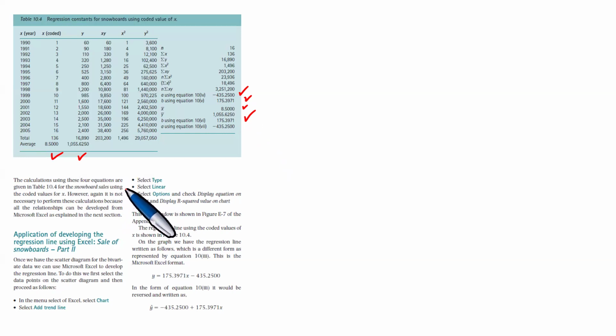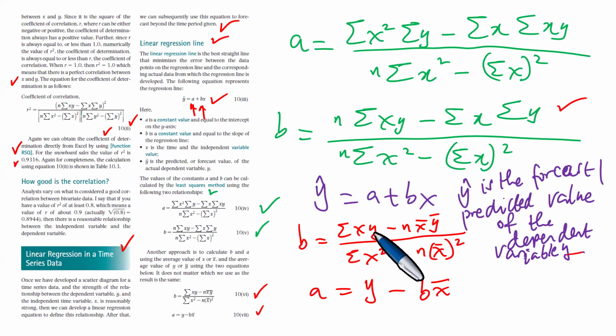Now, obviously, take note of those things: the sum of x, the sum of y, the sum of x squared, the sum of xy, n times the sum of x squared, the sum of x all squared, n times the sum of xy. Okay, it's exactly this.